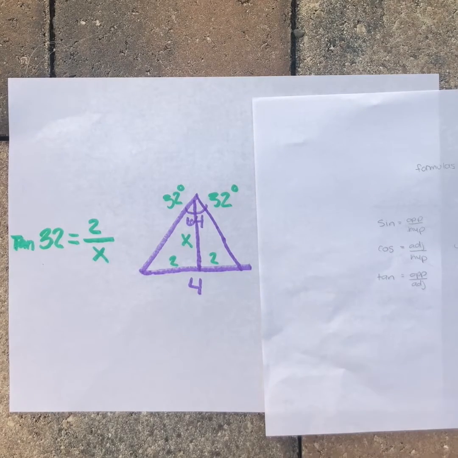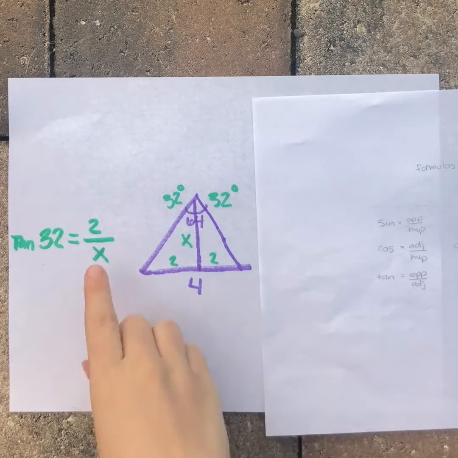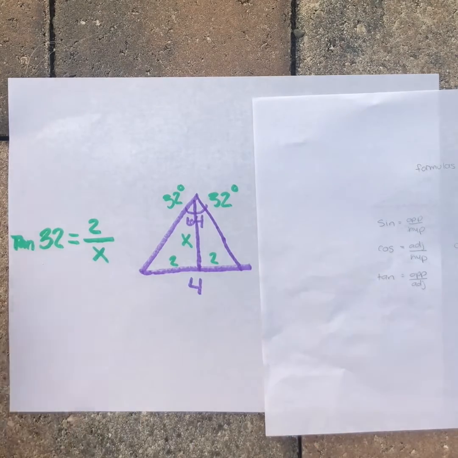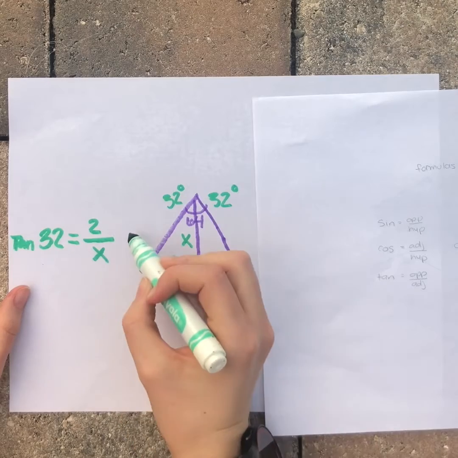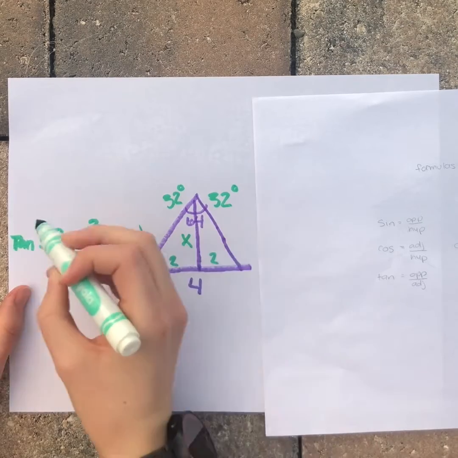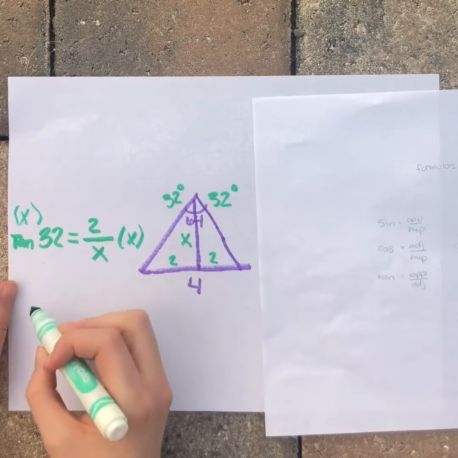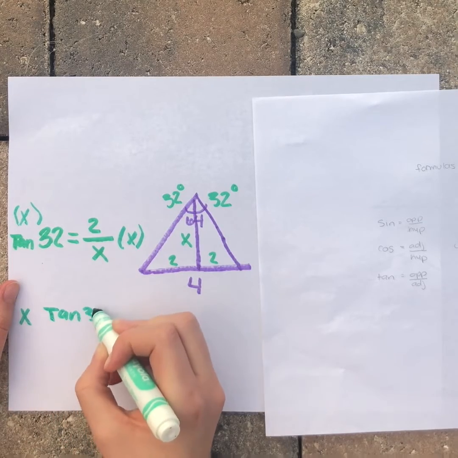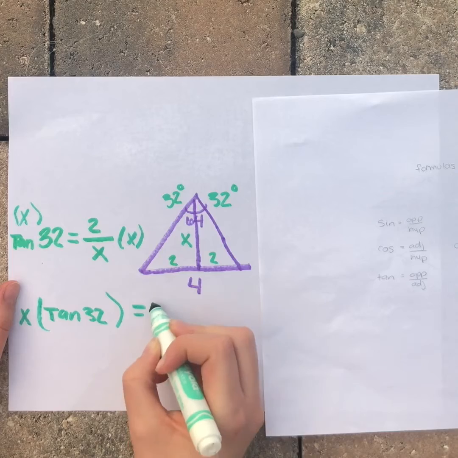Now how we're gonna solve this to get our x by itself, what we are going to do is times x to both sides. So you get x times tangent of 32 equals 2.